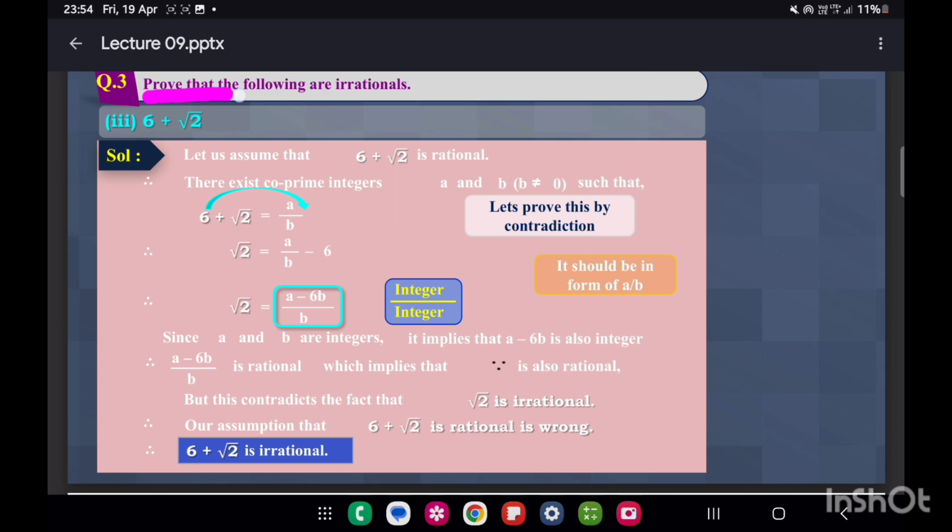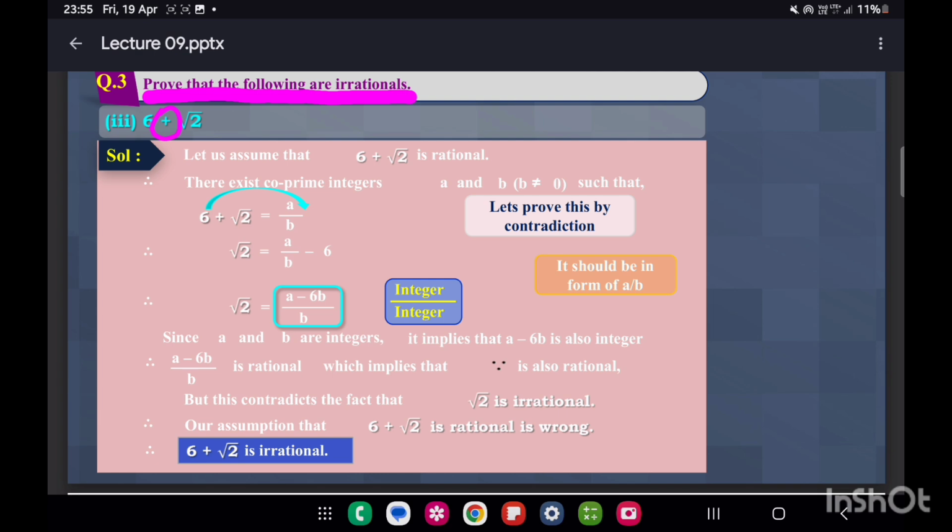Prove that the following is irrational. Here, we have to show that 6 plus root 2 is irrational. Already we proved 7 root 2 and 2 root 5 and some other problems, but here with plus 6 plus root 2 there is some difference, but it is easy to understand.